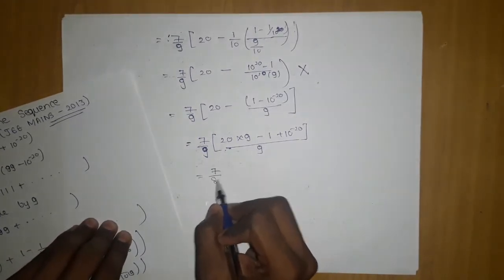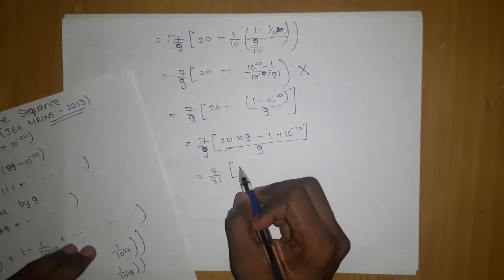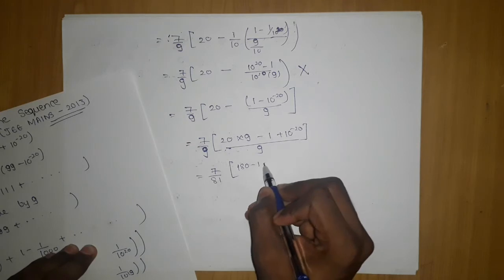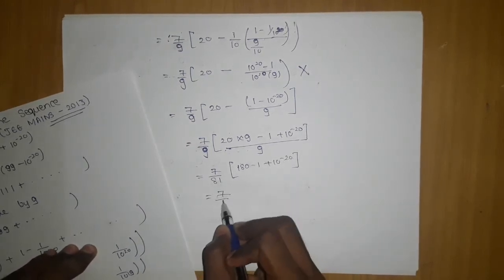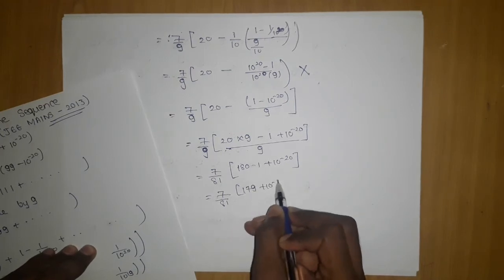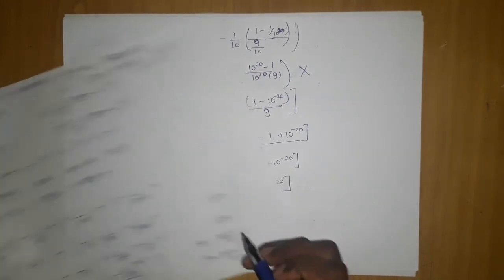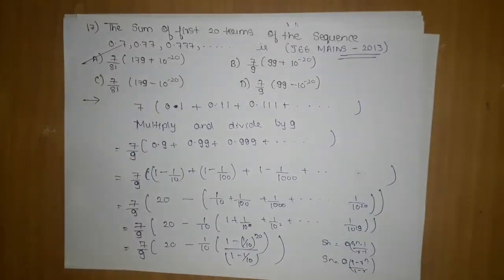Finally I will be left with 7 by 81 into 180 minus 1 plus 10 to the power minus 20, so my final answer is nothing but 7 by 81 into 179 plus 10 to the power minus 20, which is option A. Hope you have understood each and every step of this problem.